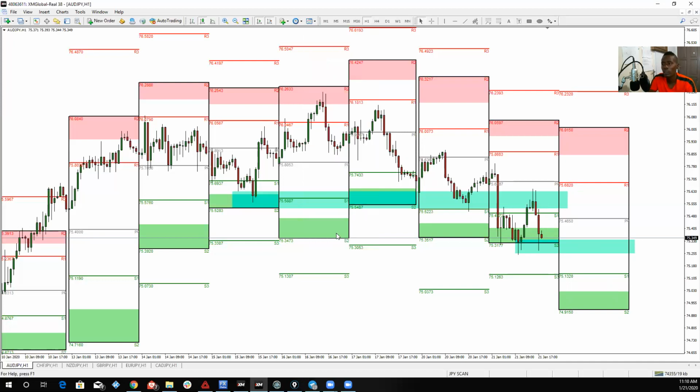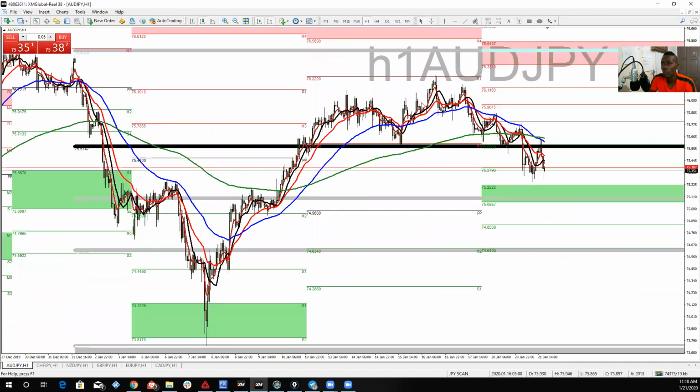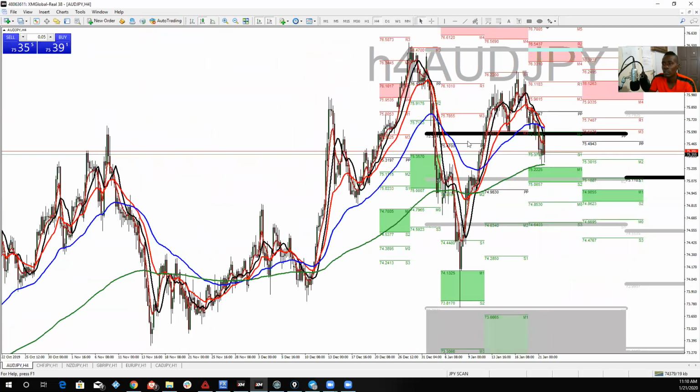So this, open an H4 chart. You can identify the sell zone. Sell zone, M3, PPP, and this would be my take profit zone. Right.